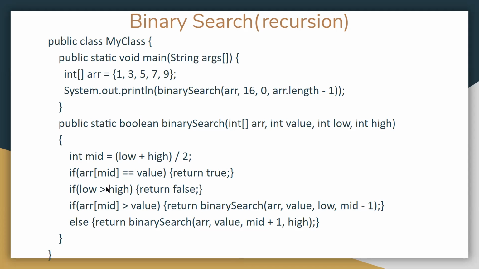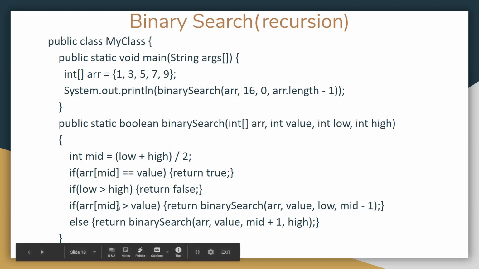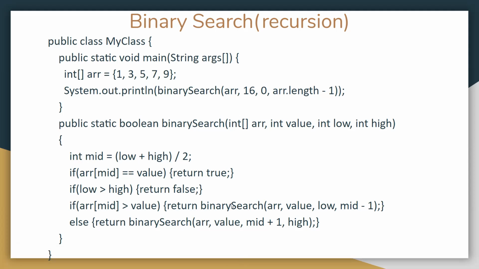The reason we put that is because if this doesn't return true at all during the recursion parts, then you can automatically tell it's false. So here we're saying that if AR mid is greater than value, this is where we put the recursion call at the return statement. So this returns whenever it's done executing.